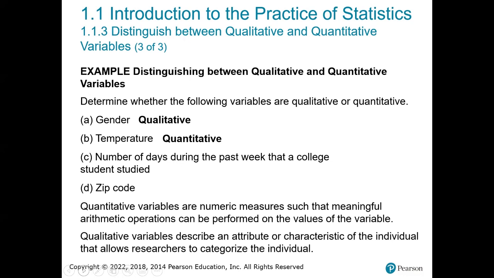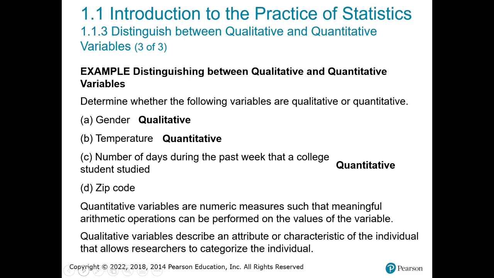Next one, the number of days during the past week that a college student studied. I study 5 days, you study 2 days, Joey studies 3 days. We could average those values to figure out on average, how many days does a college student study? I could do mathematical operations with that number. So it is quantitative.